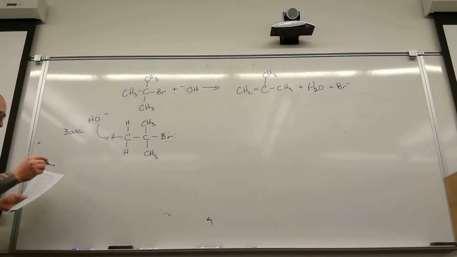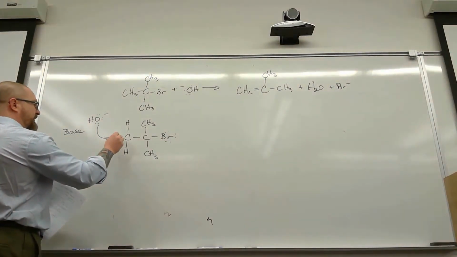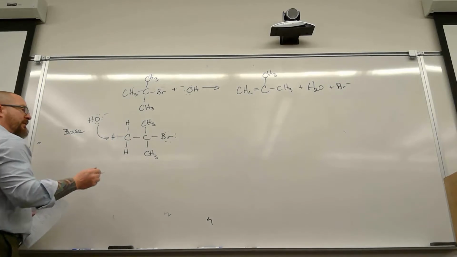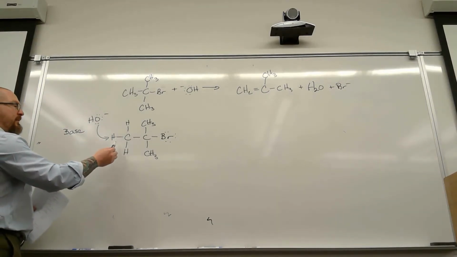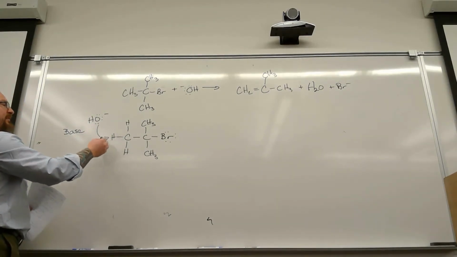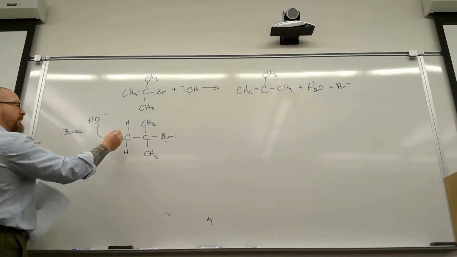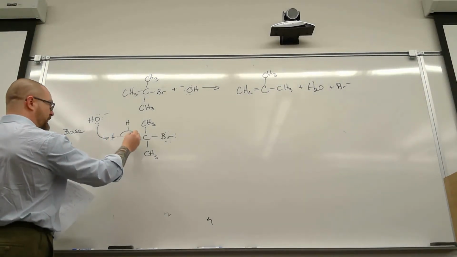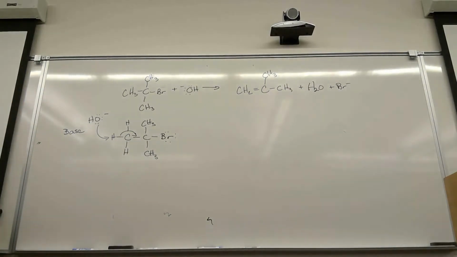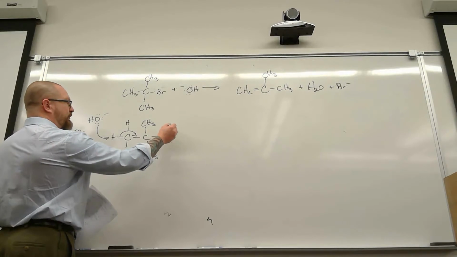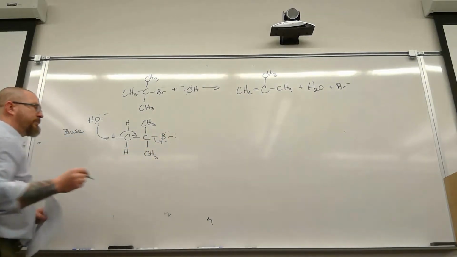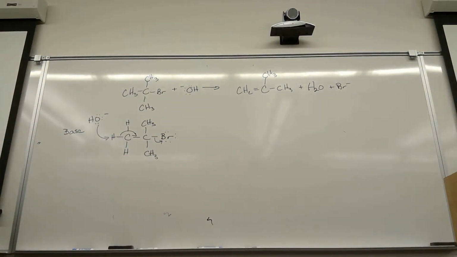And when we abstract this proton, the bonding electrons between that proton and the carbon can't stay bound because we can't exceed the duet on this hydrogen. So these electrons are going to pop to between the carbons, forming a double bond. That's going to exceed the octet on those carbons. So because we have a great leaving group here, we can break that bond and push those electrons to the bromine, giving us a bromide.